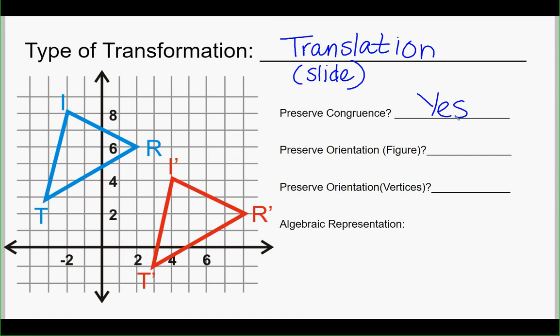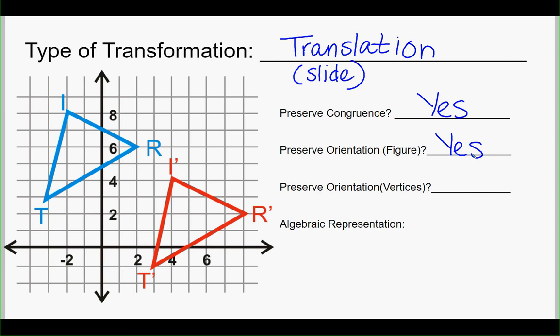Now, is the figure preserved in terms of orientation? I'm a little confused on the orientation. Orientation's direction, the way it's facing. So, did we change the way it's facing? No. So it does hold orientation.